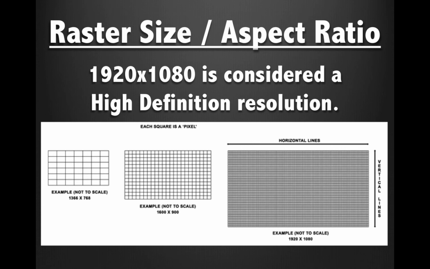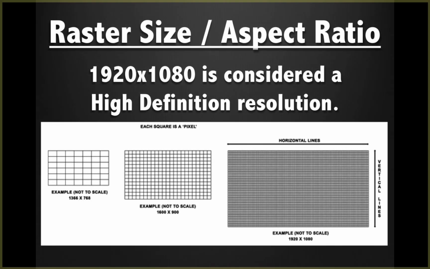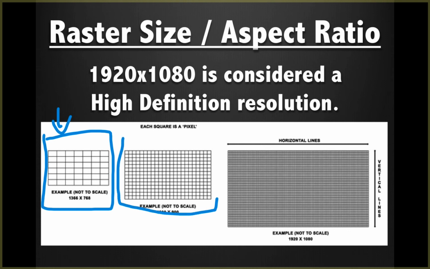1920 by 1080 is considered a higher definition resolution. If you look at these examples down here at the side, now these are not to scale by any stretch of the imagination, but if you imagine these being pixels creating an image, and you could only create an image by coloring in those dots, this is going to make a much more rudimentary image than this.